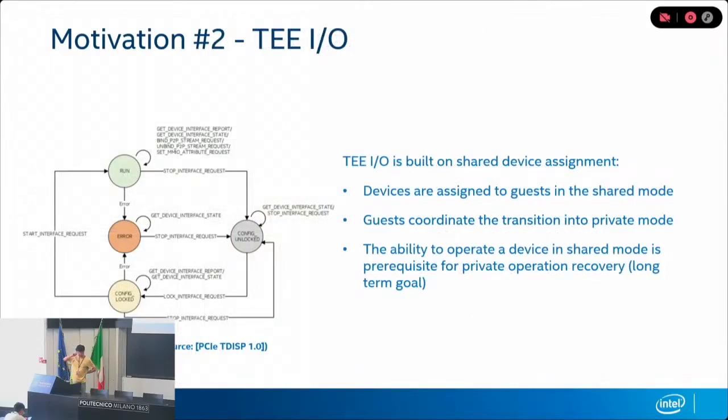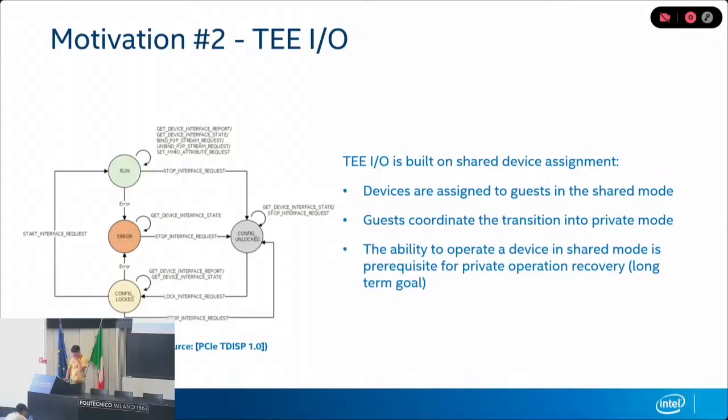The other reason why we're doing this work is for TIO. The question we got is that TIO is something much better, so why are you doing this work? The answer is quite simple, because TIO won't replace shared device assignment, and instead is something built on shared device assignment.